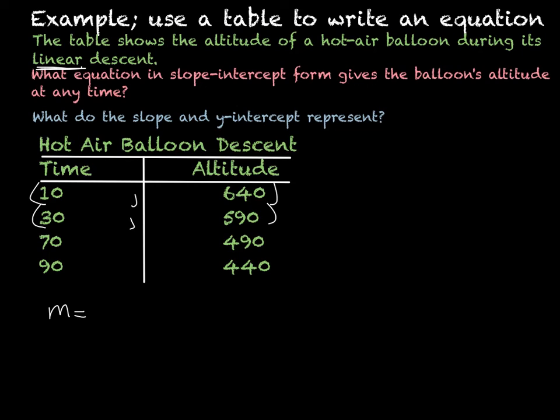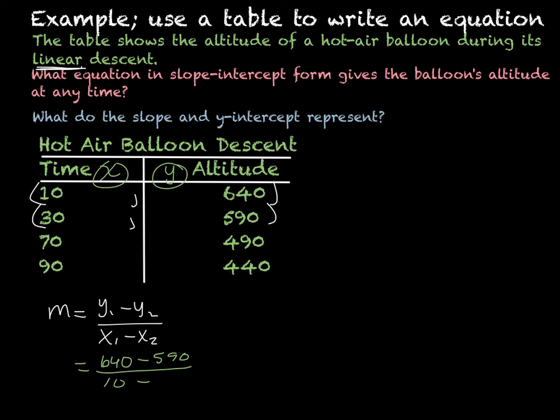So when I find my m, y1 minus y2 over x1 minus x2, this is from before, so I put in what I know. If my altitudes are my y's and my time is my x's, then I'm going to go 640 minus 590 over 10 minus 30.